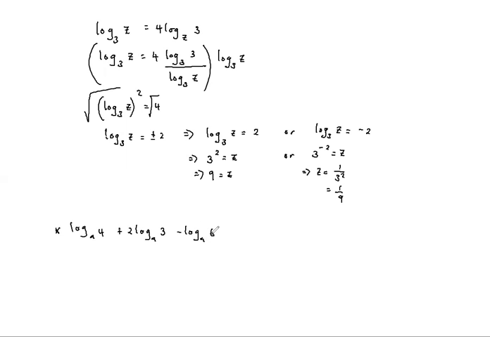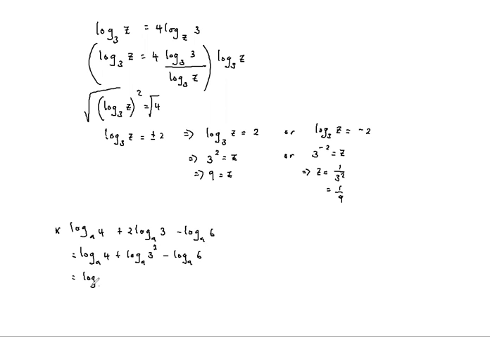So you say this is the same as what? Same base, but they're adding. So it will be log a 4 plus log a, you take the 2 as a square, then minus log a 6.